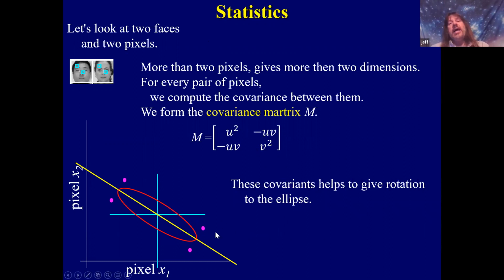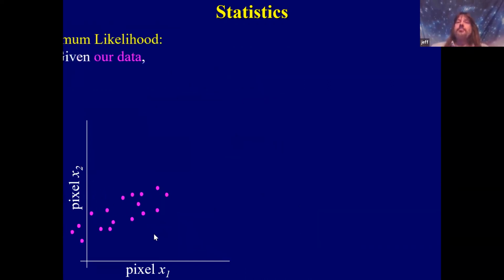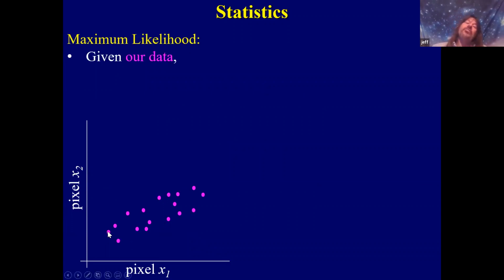Right? And the covariances help us define the rotation of the ellipse. If all the covariances were zero because we had all independence, then the ellipse wouldn't be rotated like this. All right, so now our goal is to find the major and minor axes of our ellipse, and that turns out to be a little hard too, right?